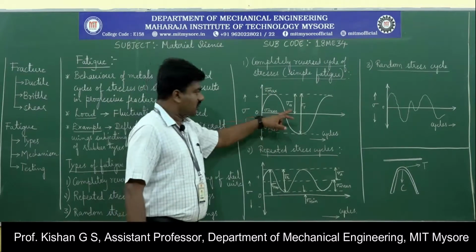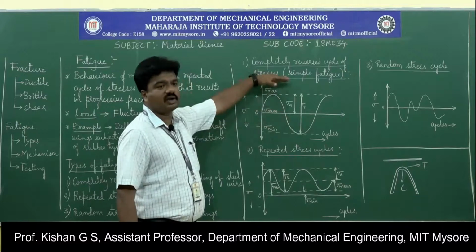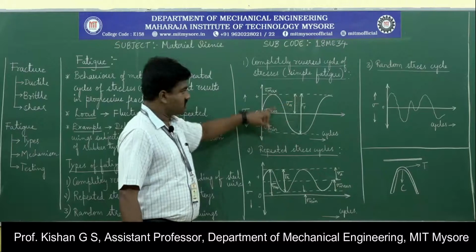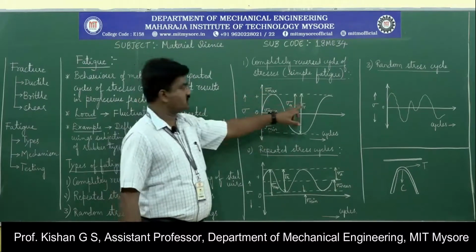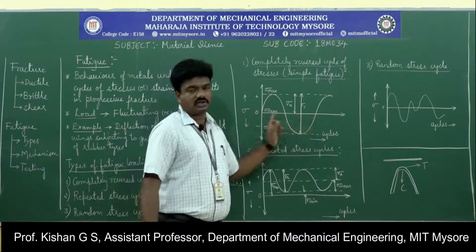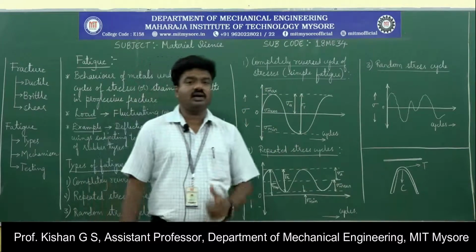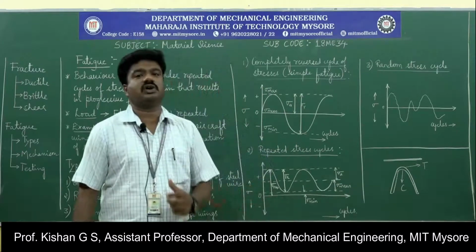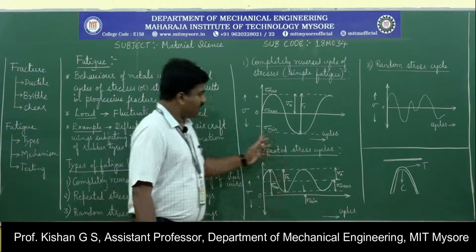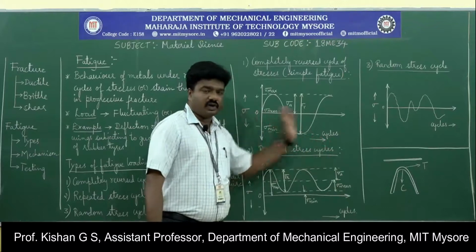The length between the zero value and sigma max is considered sigma amplitude, and the distance between sigma max and sigma minimum is called sigma r, that is, sigma range, and the zero line of coincidence is considered sigma mean. These are the parameters we generally define to describe which type of loading condition the material is subjected to. Along the x-axis, the number of cycles is represented over a period of time.